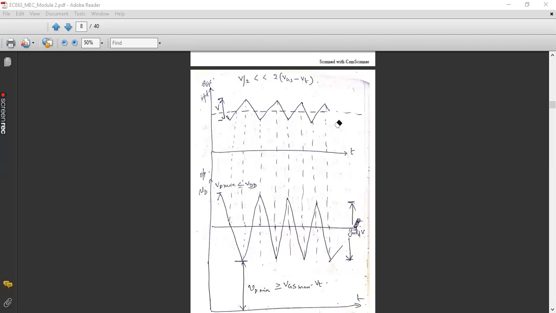Now, what is the amplification factor that you have used? Can anybody tell what is the amplification factor of this particular MOSFET as per our previous derivation?